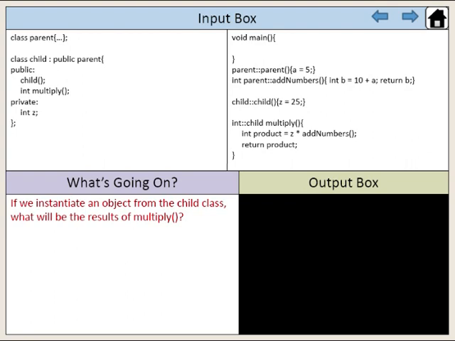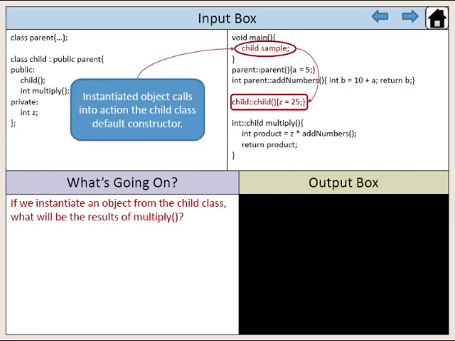If we instantiate an object from the child class, what will be the results of the class function multiply? Here we've instantiated the object called sample from our child class. The instantiated object calls into action the child class default constructor, which assigns the value of 25 to z.